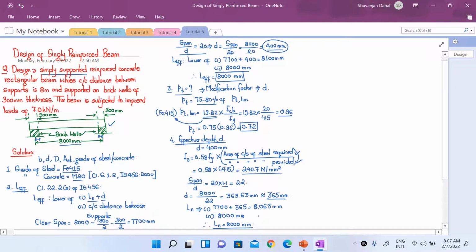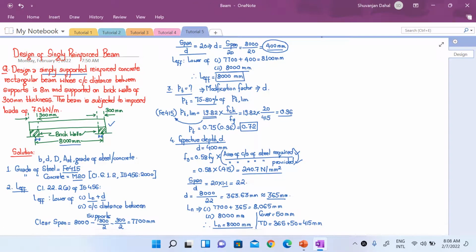Now we got the effective depth. Let us assume that our cover is equal to 50 mm, so that we get the total depth is 365 plus 50 equals to 415 mm. So we determine the effective depth here.